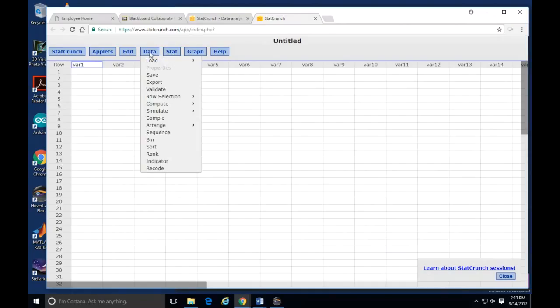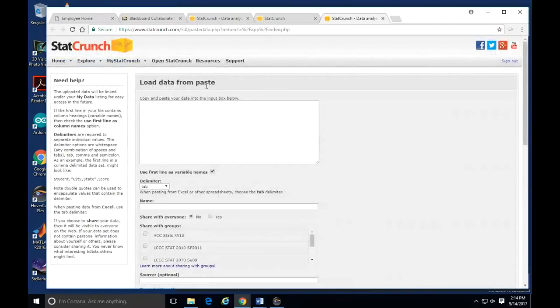If you click on Data and then Load, sometimes you have to do it this way if you have copied something to your clipboard. If you choose Load and then From Paste, it will take whatever you had on your clipboard and let you paste it into this box.